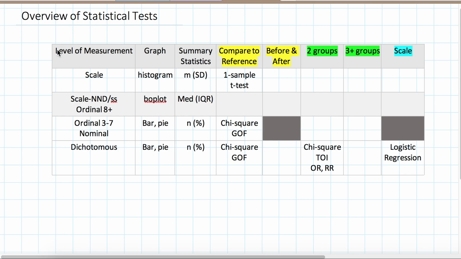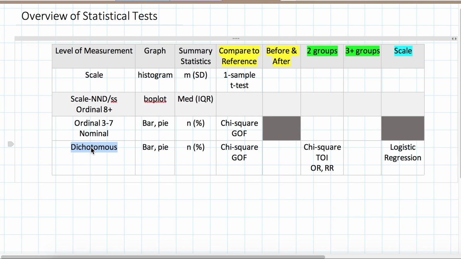So first of all, in this particular topic, we really need to be solid on understanding the levels of measurement. So as a review, and I generally start here at the bottom, dichotomous is where you have two values for a particular variable.